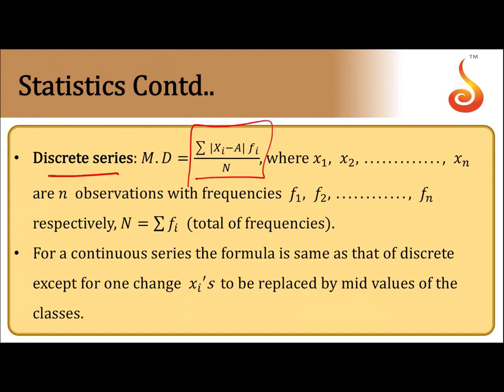For the discrete series, how would you calculate the mean deviation? The mean deviation formula is sigma of modulus of xi minus a into fi, divided by N. That is how we find the mean deviation, and we shall work out examples later. Capital N is the sum of f, which is the total frequency.